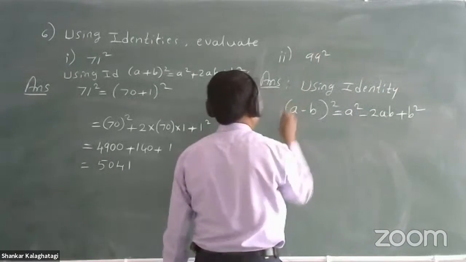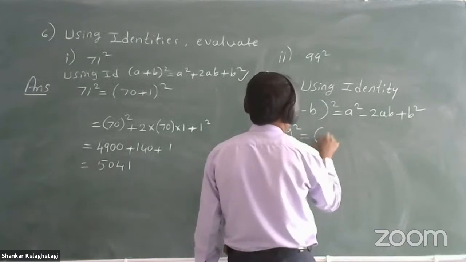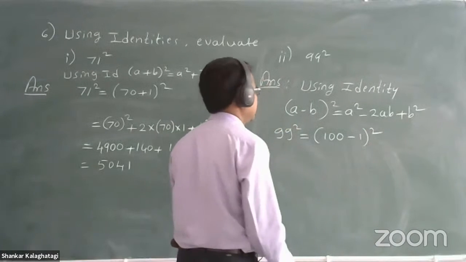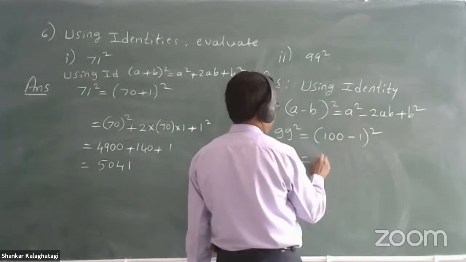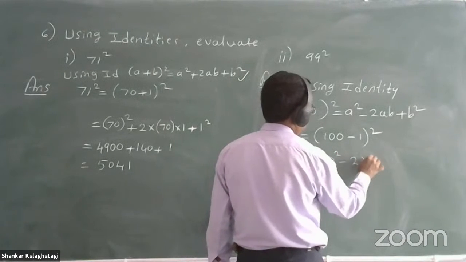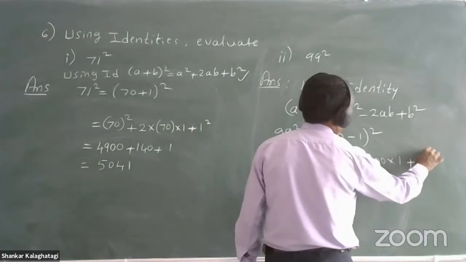Still it simplifies. 99 bracket square is nothing but 100 minus 1 bracket square. Correct? So 100 square minus 2, a is 100, b is 1, plus b square is 1 square.